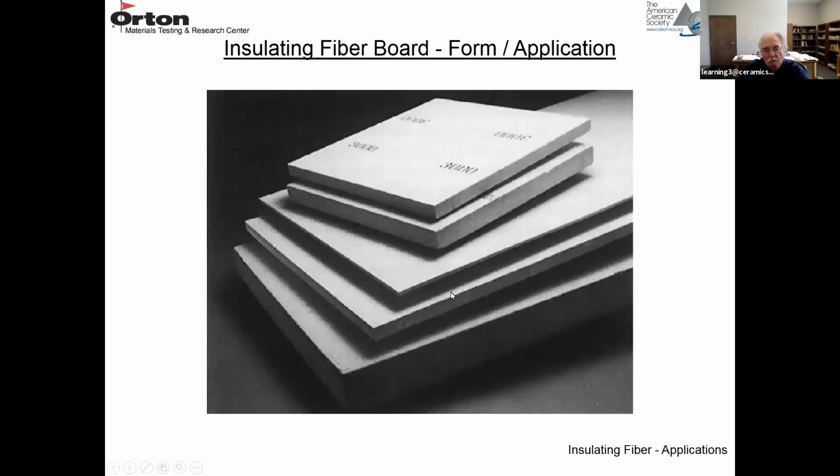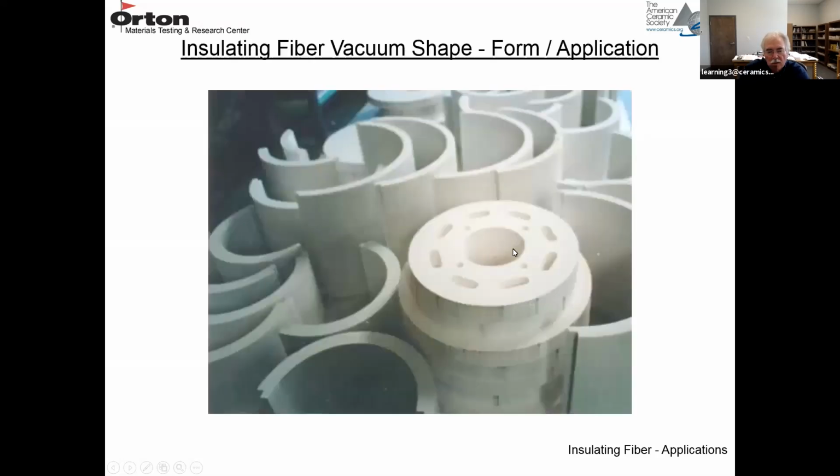This is what a fiber board looks like. It's a rigid board. So this is fibers that are pressed with an inorganic binder. This one says 3,000, so it's rated for that temperature, 3,000 degrees F. These are more complex shapes by vacuum forming. So this could be maybe a furnace lining with the elements embedded in it.